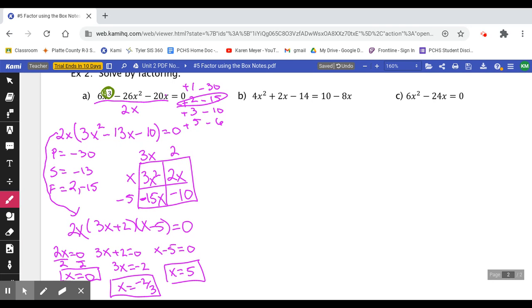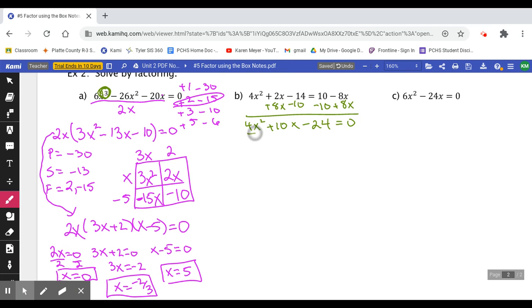Okay, the middle one. This one doesn't equal 0, so we've got to move the terms over. So I'm going to subtract 10, and I'm going to add 8x. So we're looking at 4x squared plus 10x minus 24. Does it have a GCF? Yes. All three numbers are divisible by 2.